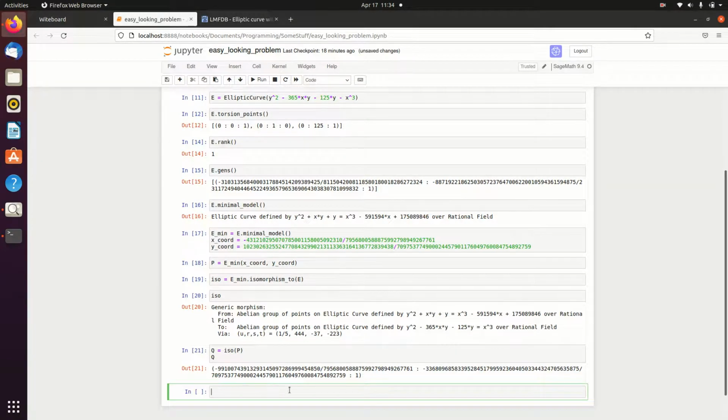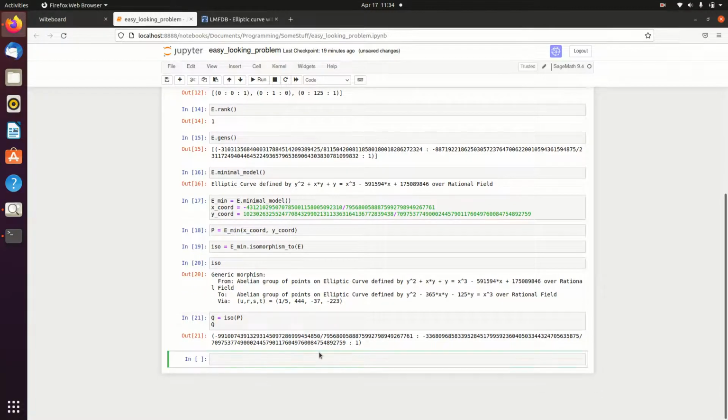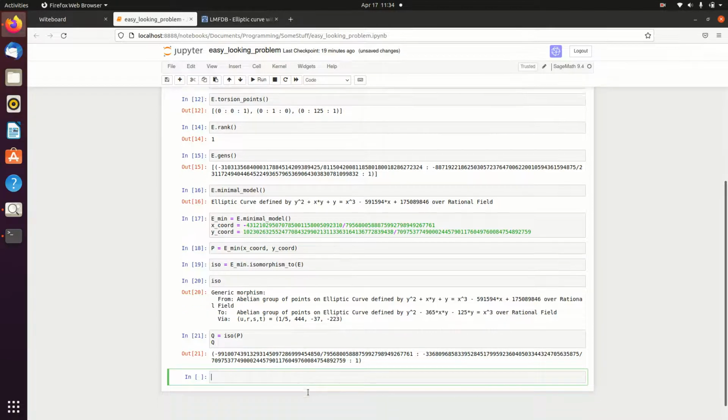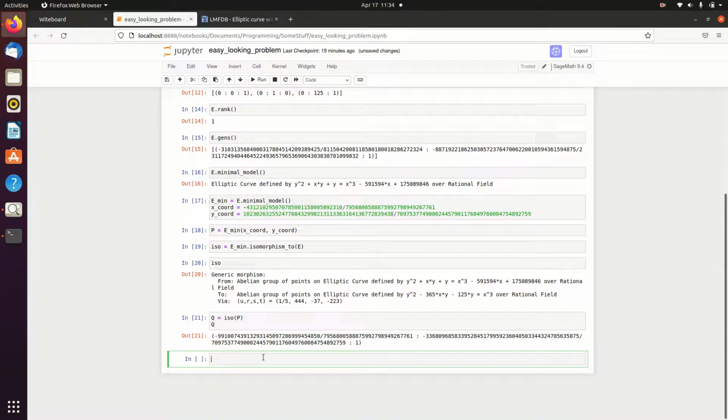I don't know if it's that interesting, so maybe I won't try it, but I guess that this point here is related by one of these torsion points to this point here. So it's this plus one of these torsion points should be this point. Okay, what to do next? Now we have a point.